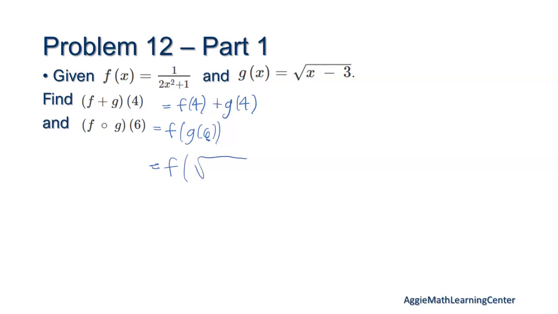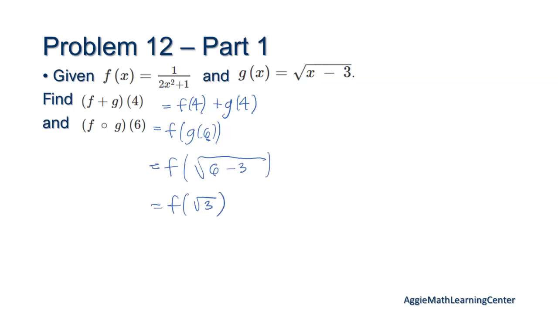So g of x is equal to the square root of x minus 3. So you've got the square root of 6 minus 3 is what I'll be plugging into f. I have to figure out what that's equal to first. Turns out that's equal to the square root of 3.